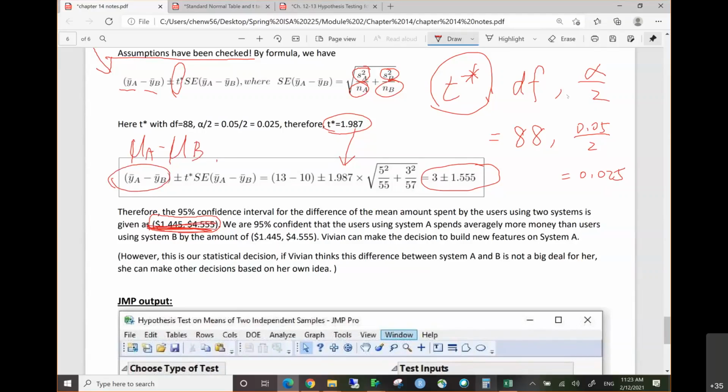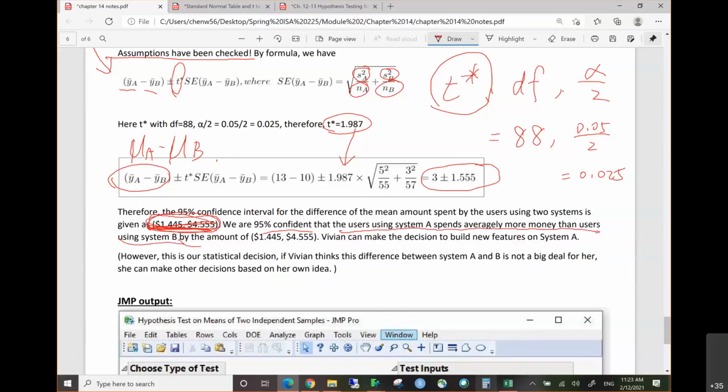When you interpret it, we are 95% confident that the users using system A spend, on average, more money than the users using system B. This explains why it is positive, because A is larger than B. By what amount?